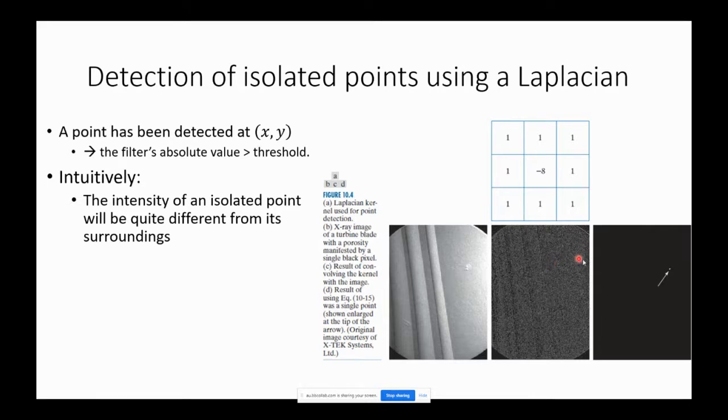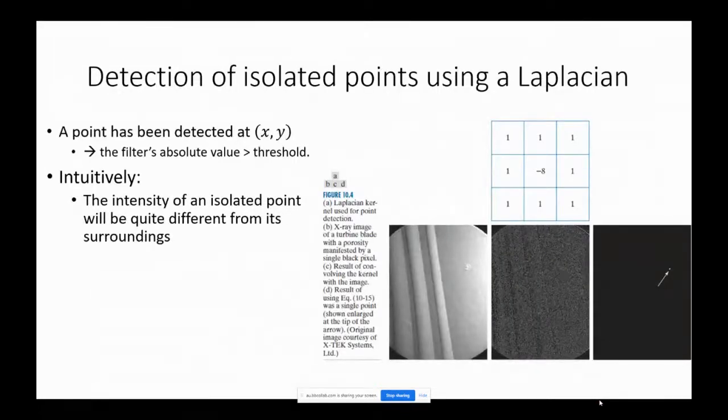So basically, we can't see it, but in the printed version of the book I can clearly see the defect somewhere around here, just a whiter spot. Okay, so line detection.